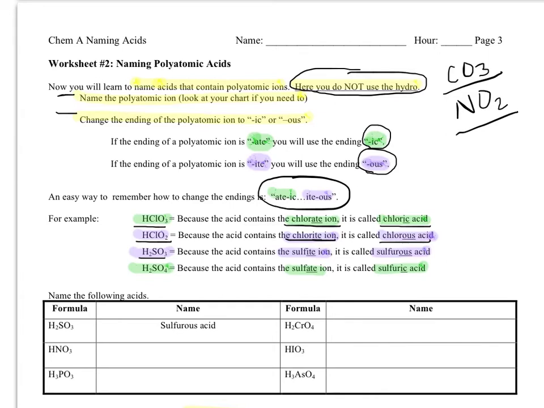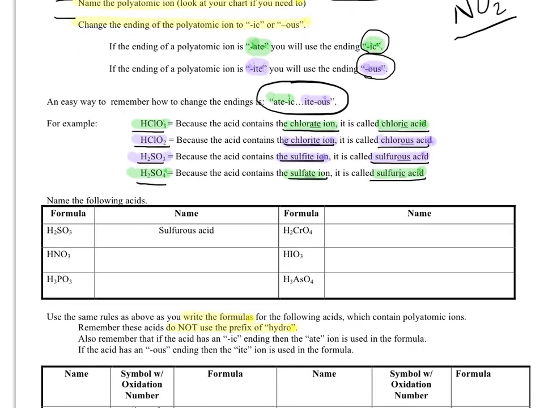If you have hydrogen bonded with SO3, the sulfite ion, then you have sulfurous acid. It changes to us. And if hydrogen is bonded to the sulfate ion instead, then you have sulfuric acid because ate changes to ic. So you probably need to practice that a little bit before you have those terms committed to memory.